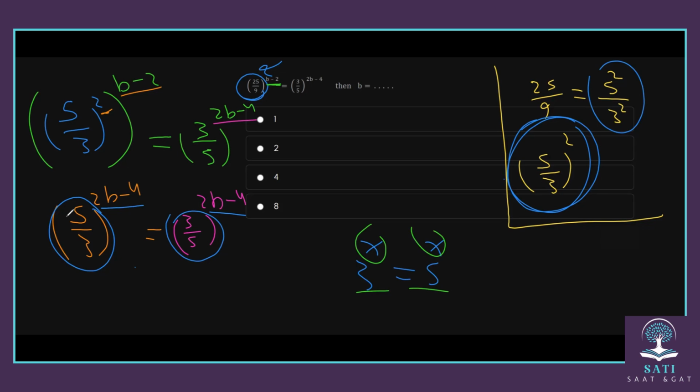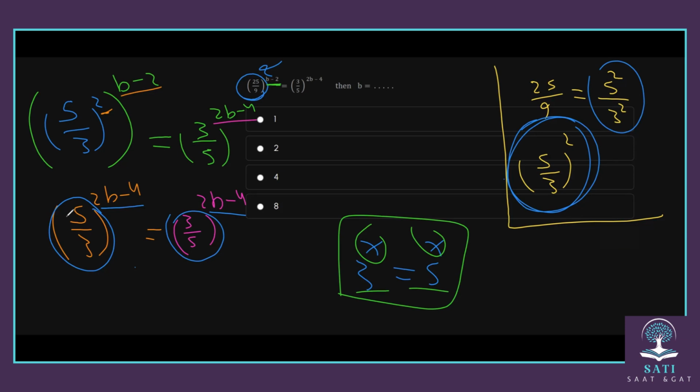When x is 1, left side will be 3 and right side will be 5. When x is 2, left side is 9, right side will be 25. When x is negative 1, left side will be 1 over 3 and right side will be 1 over 5. So whatever x is, the right side will not equal the left side. Only in this case, left side will equal right side only if the power is 0.